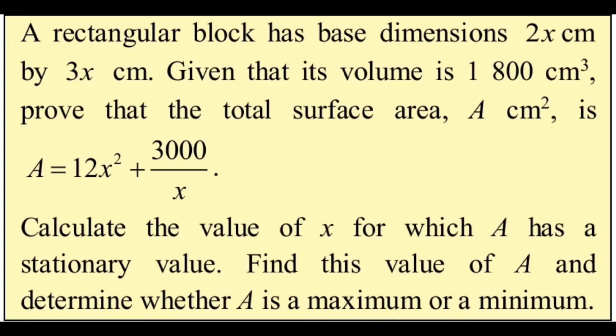The question asks to prove that the total surface area, A cm², is equal to 12x² plus 3000 over x. And then the question also asks to calculate the value of x for which A has a stationary value, find this value of A, and determine whether A is a maximum or a minimum.